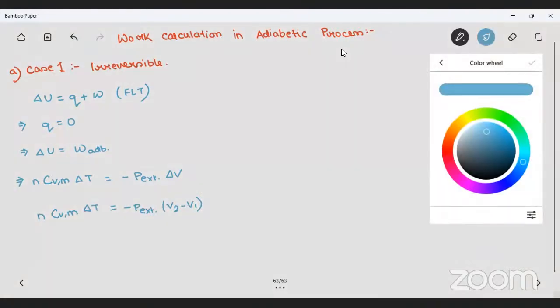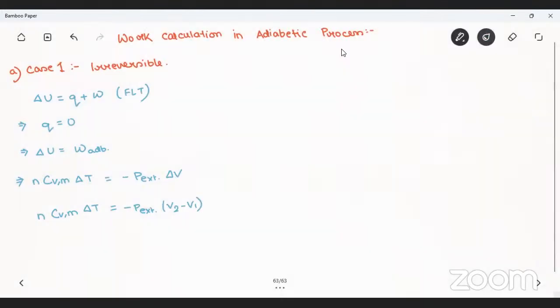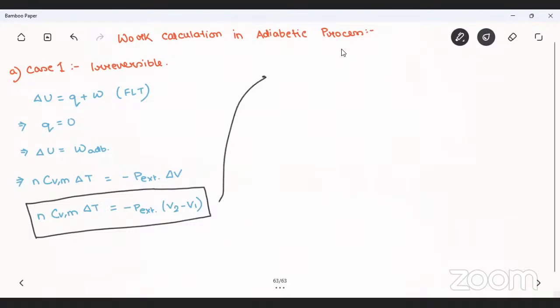This is a very important formula. You can forget your name, but not this formula. Now, I can use this formula and write n CVm delta T is equivalent to minus P external.